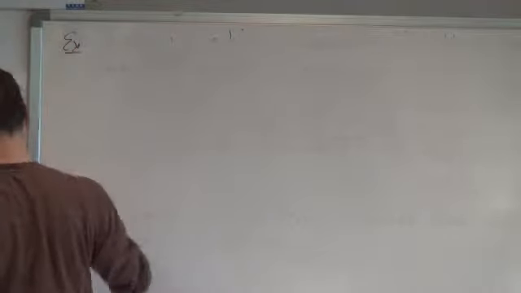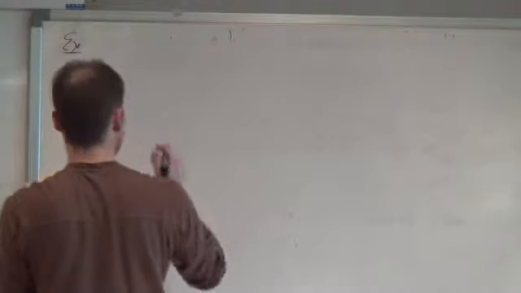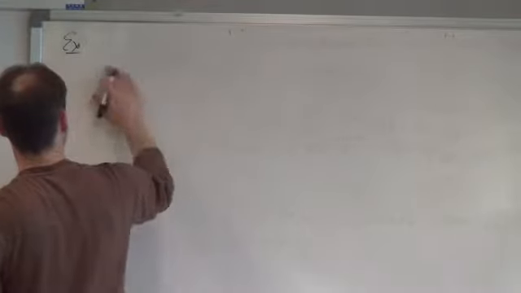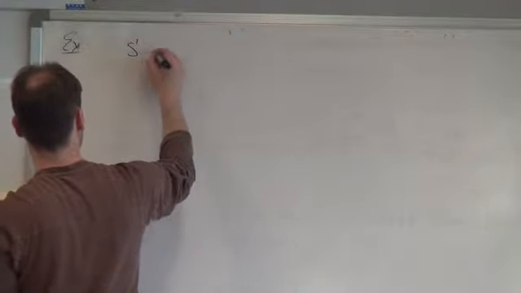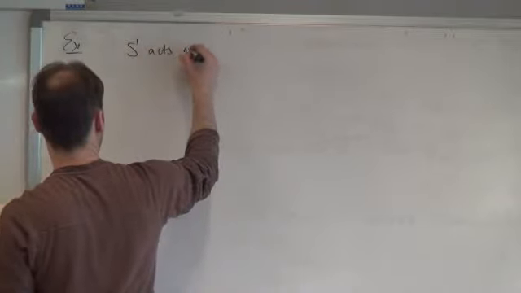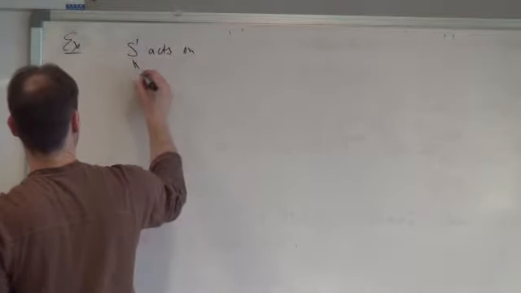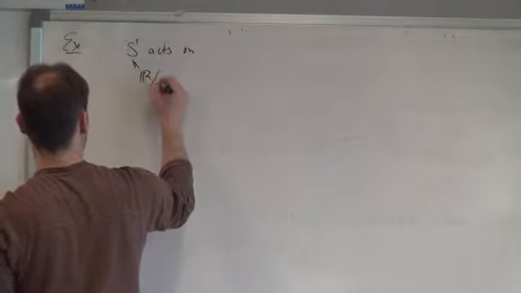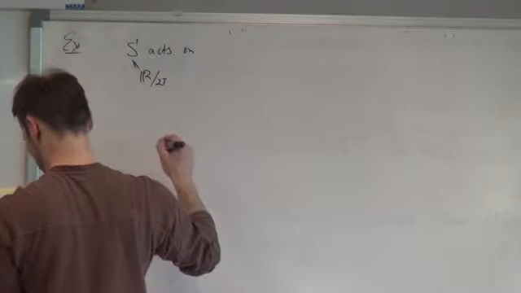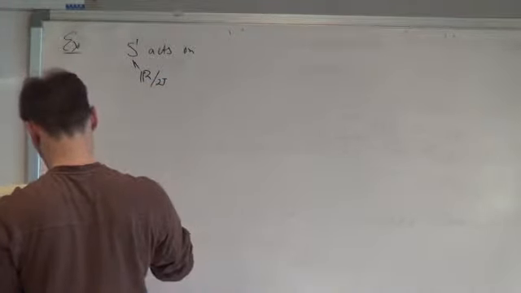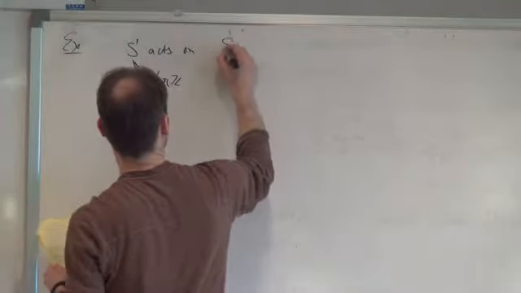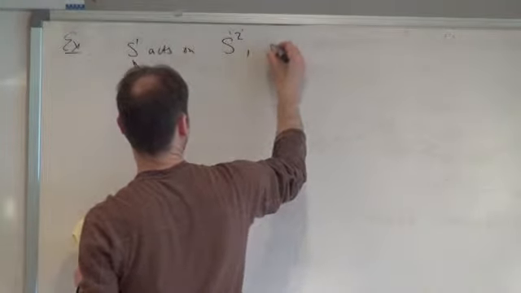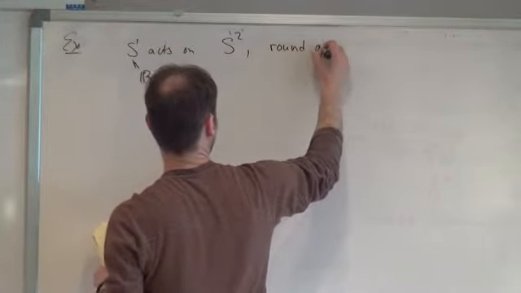Here's another example. Let's take S1 acting on, so now I'm thinking of it as R mod 2 pi Z. Let's see, what did I do? S2 with the round area form.